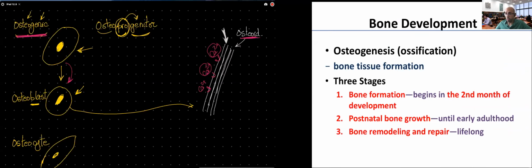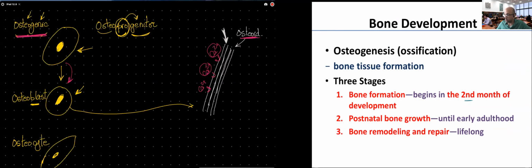Moving on to the bone development, or osteogenesis, or ossification, the bone tissue formation. This takes place in 3 stages. First, I have the bone formation that begins by the 2nd month of development.